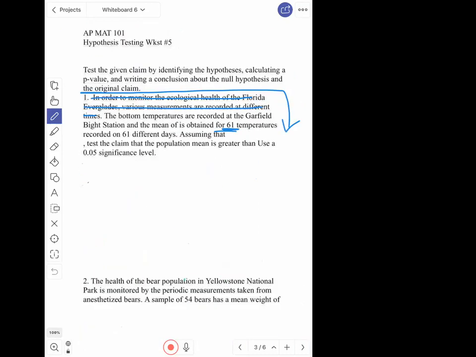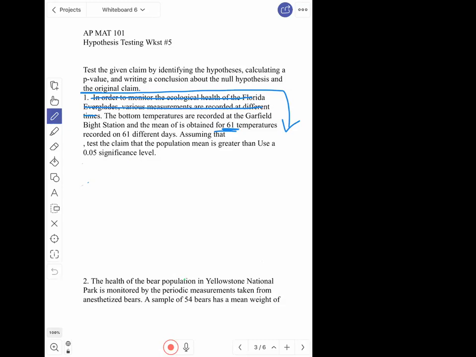Okay, so here's my first example. The only problem with this is that the math font and some of the numbers didn't come through, so I'm going to have to write them out for you. It says, in order to monitor the Florida Everglades, various measurements are recorded. We really don't need that information to solve this.